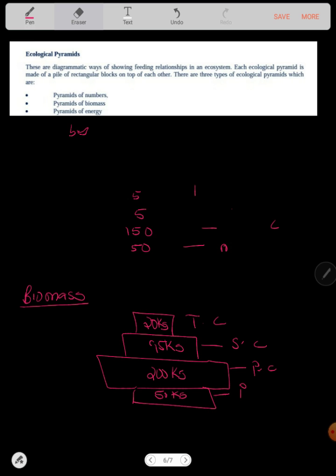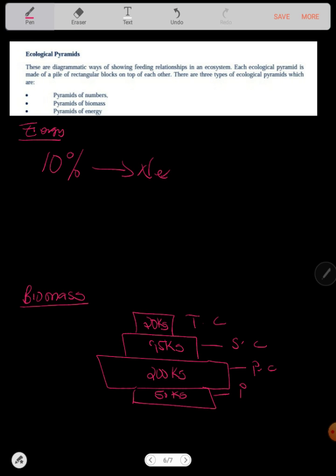Then we look at the pyramid of energy. The pyramid of energy shows the available energy at each trophic level. Remember we said only 10% of the energy is passed to the next trophic level. All right, and we said the 90% is lost through what processes?